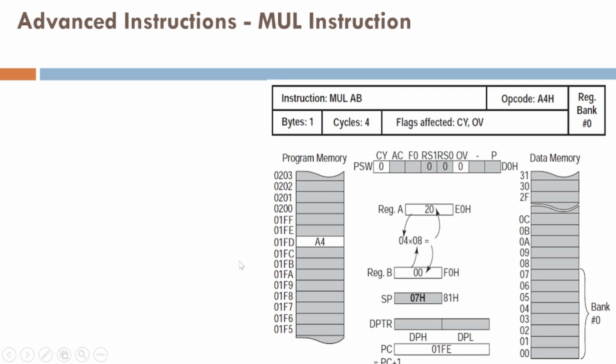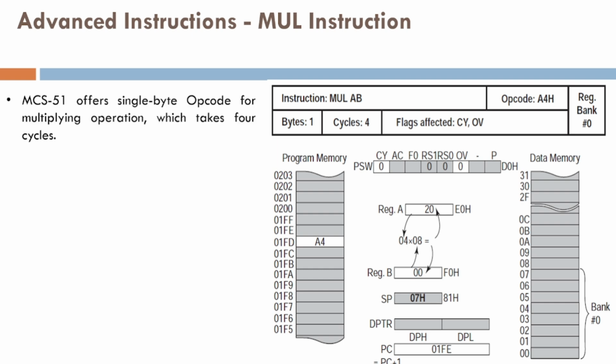Fine. Okay. Now let's move on to the next part where we are considering the multiplication instruction. In the case of the multiplication instruction, we have MUL AB, whose opcode is A4H.